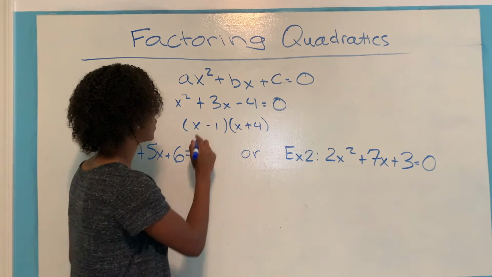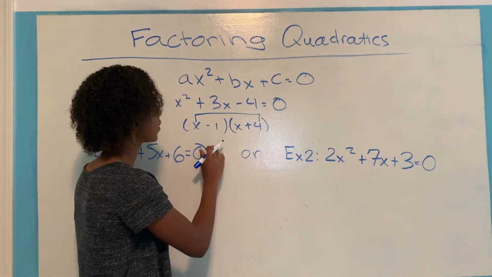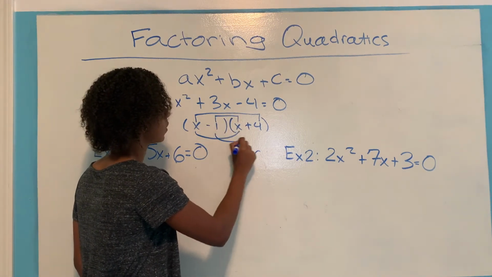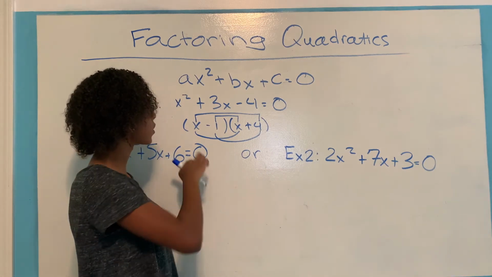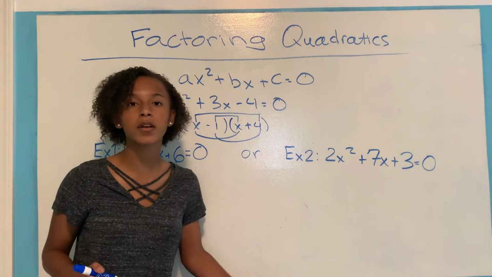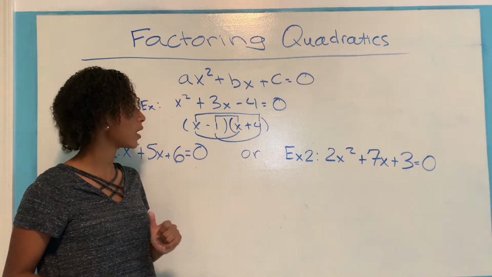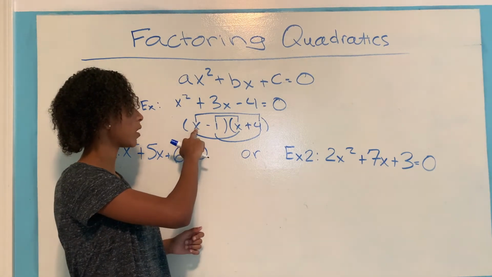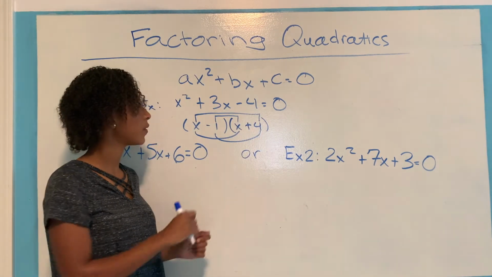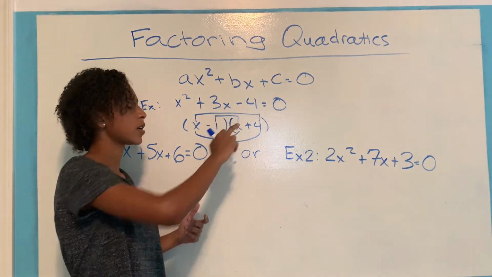But in quick, easy steps, we're going to first multiply these terms together, and these terms together, and these and this. Alright? In order to get this term, you would multiply the first and the third term together, and that would get you that x squared. And then to get that 3x, you multiply the first term by the fourth term, and then add that to the second term times the third term.